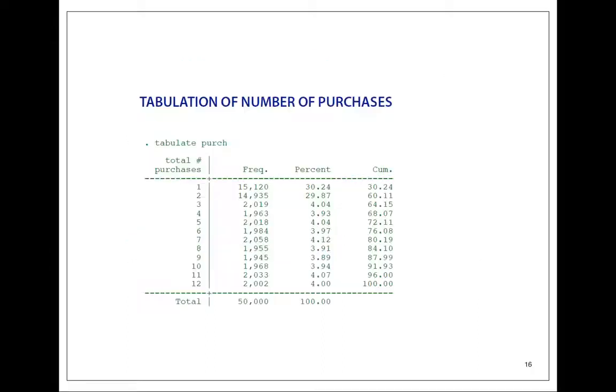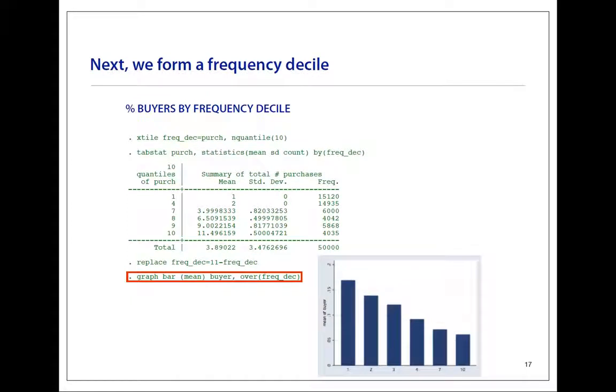Next, I want to see whether the best group, as measured by frequency, is more likely to buy this art history of Florence book, and the worst group is least likely to buy it. It turned out it is the case.